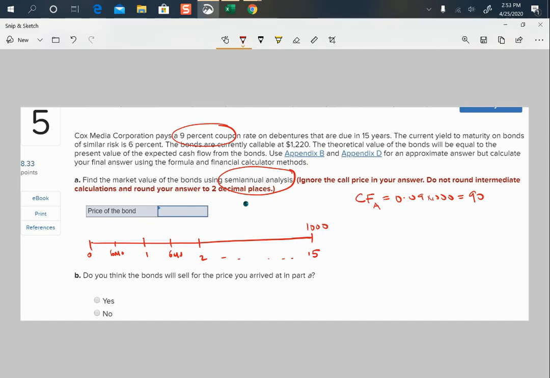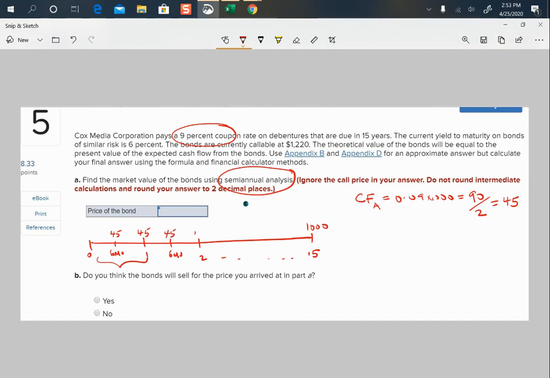But again, remember the key is this bond is not paying you interest every year. It's paying you interest every 6 months. So we have 2 periods per year. It pays you $90 a year, divide this by 2, and this bond is paying you $45 per period, so $45 every 6 months.